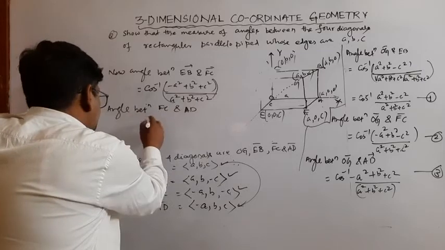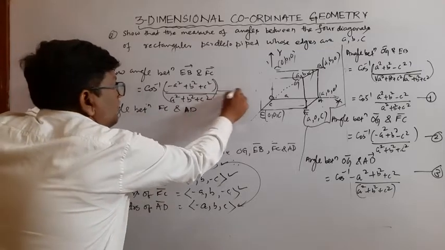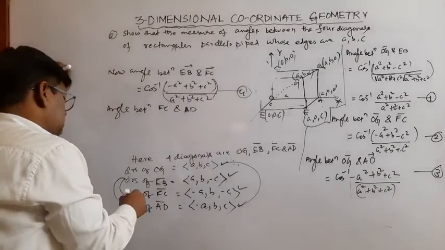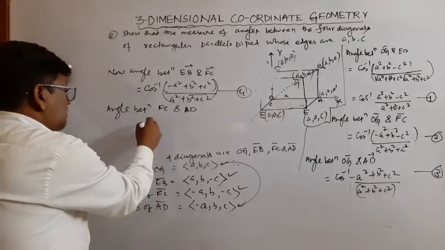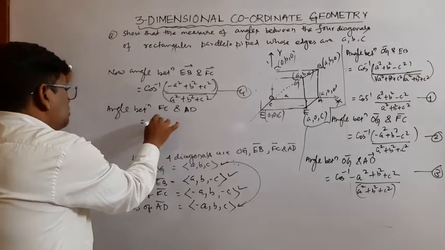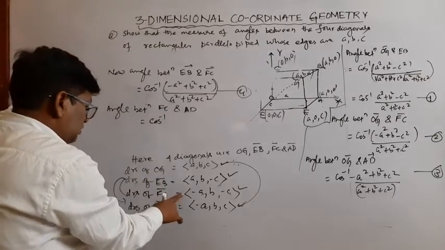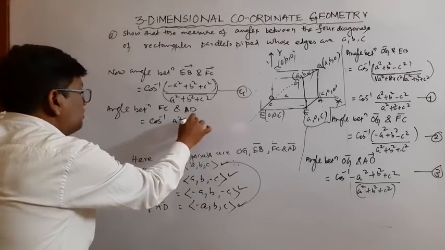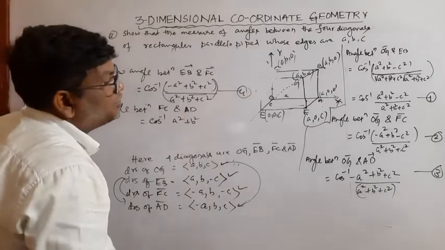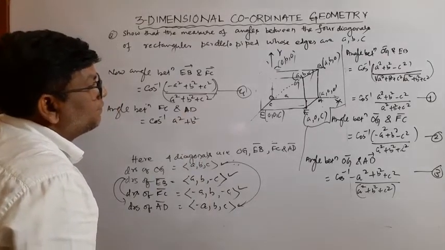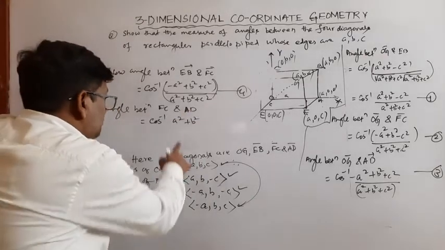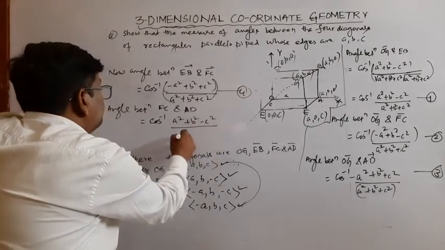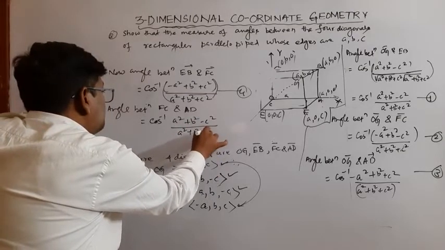So this is equation 4. So cos theta, that is cos inverse, is equal to this one: minus A square plus B square plus B square, and minus A square plus B square minus C square, by A square plus B square plus C square.